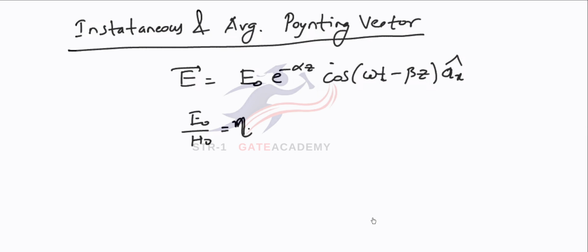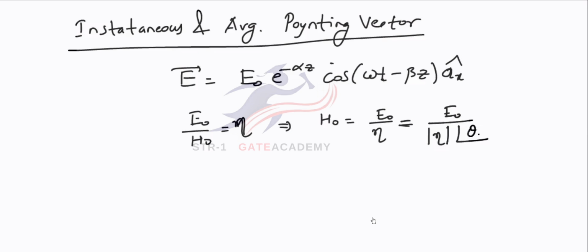So in general, this intrinsic impedance is a complex quantity. Therefore, H naught will be E naught divided by eta. And since it is a complex quantity, I'll convert this into phasor form. I'll consider this as E naught divided by mod of eta into angle of eta.